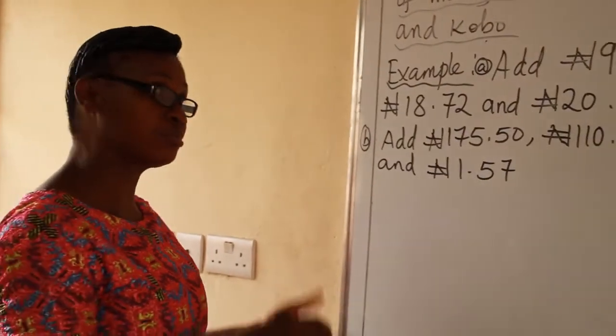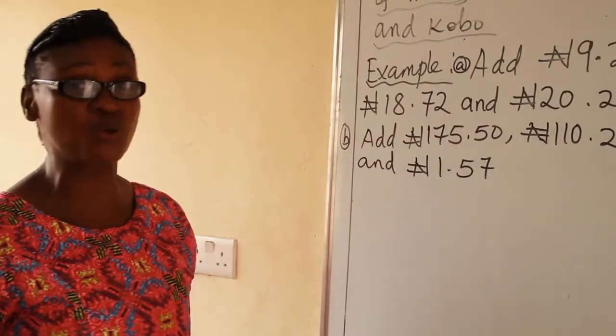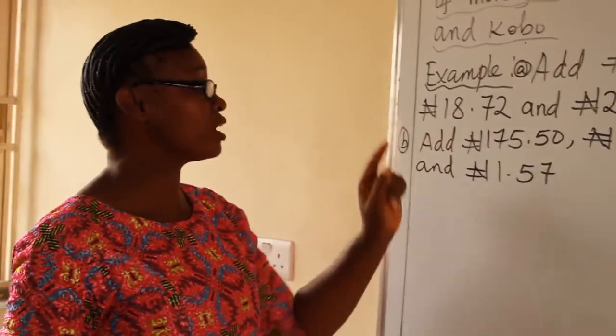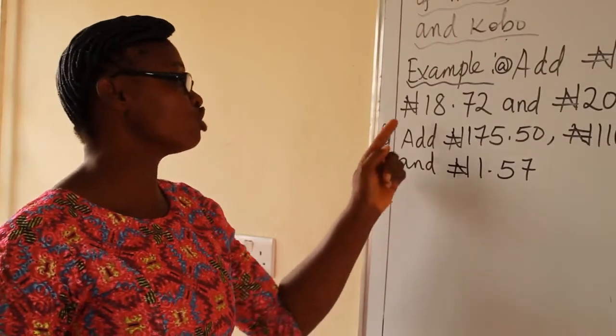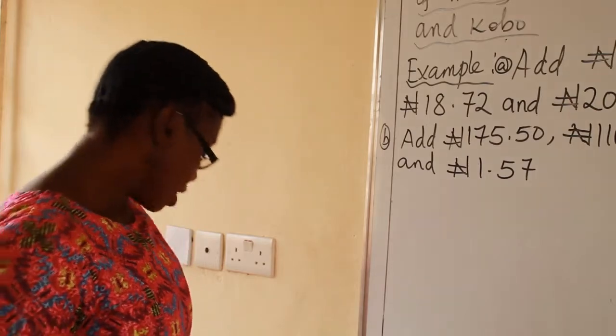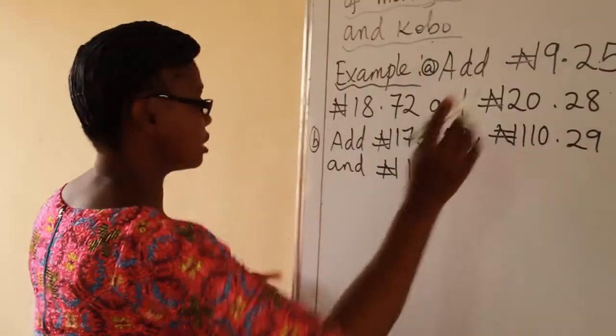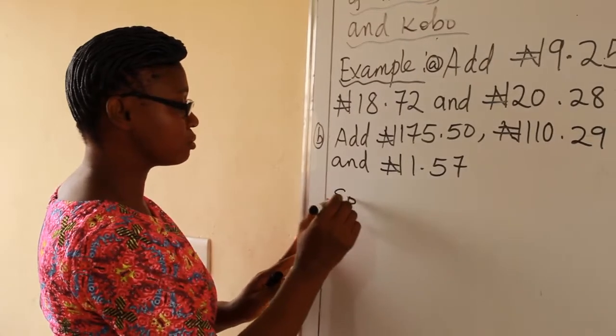And so it is the same thing that is applicable here when we are working with money. The only difference is that you are going to be putting your naira sign, just like I have written out here. So we take the solution.